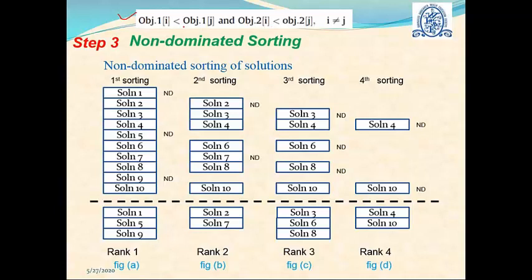Let us consider the first solution, I, compared with the second solution, J. When the objective function value of the first solution is inferior to the objective value of the second solution for the first objective, and similarly for objective 2 also the function value of the first solution is inferior to that of the second solution, it means that the solution under consideration is inferior with respect to all the objective functions while considering any of the remaining solutions.